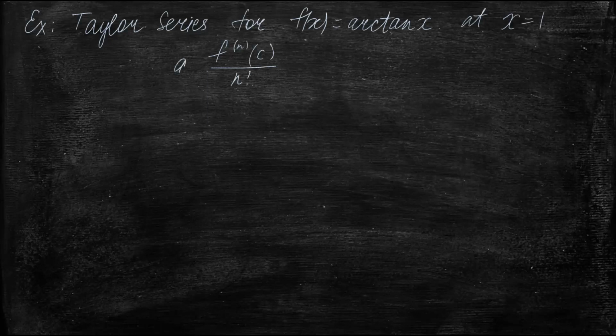Let's find another Taylor series for the function arctan x, and let's do that also around x equals 1. We're going to be using this formula again. So first step is for n equals 0.